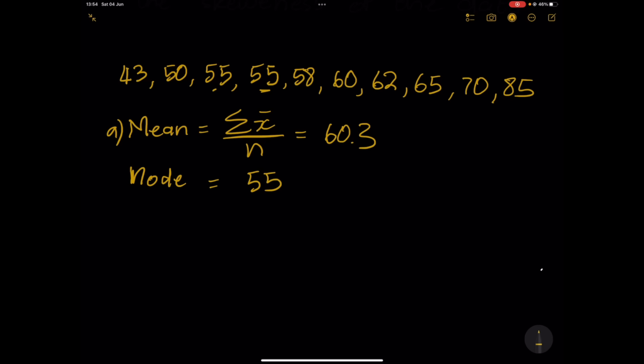And then the last one, so the mean, the mode, the median. That is the number that divides our data into two equal parts, right? I want you to note, because we've got an even data set in this case, what are we going to do?